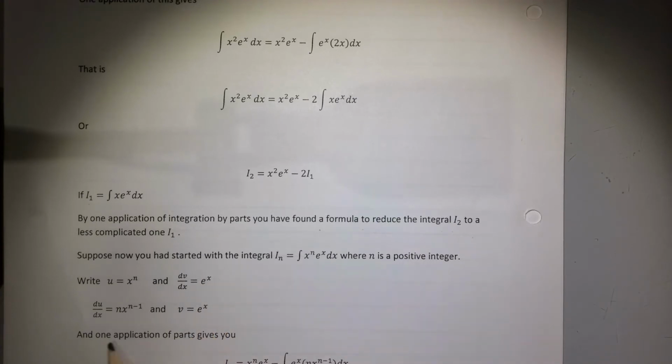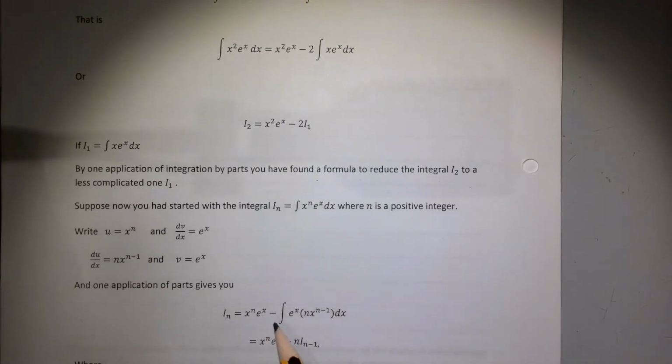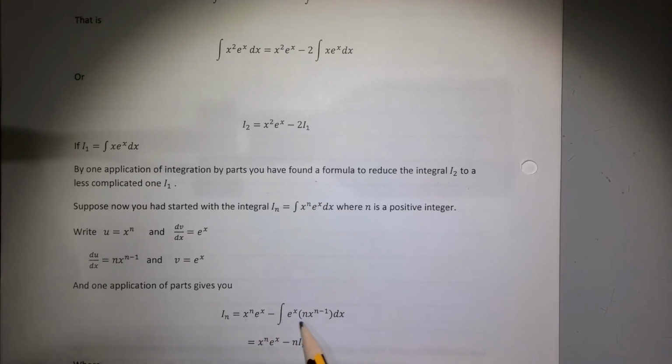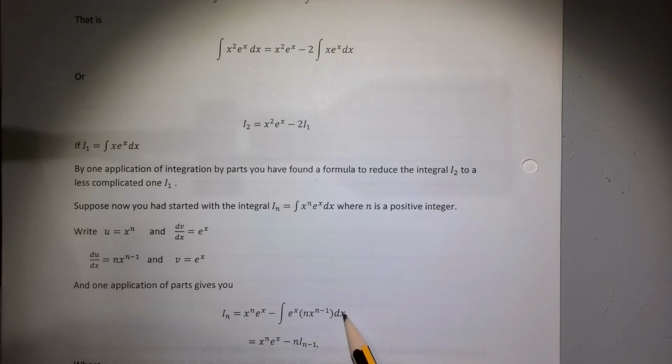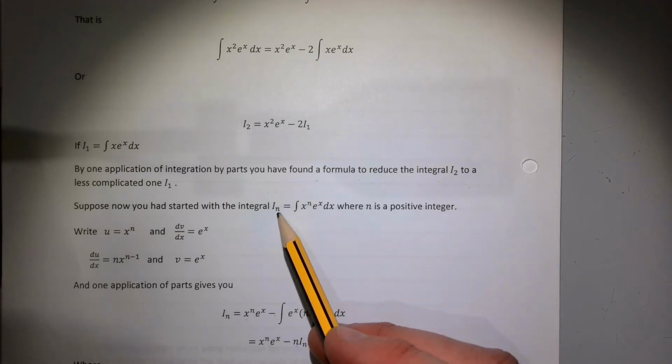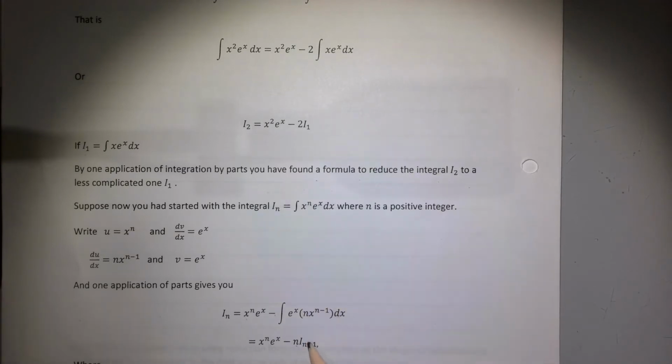By one application of parts you get x to the n e to the x, that's your uv part, take away the integral of e to the x, n x to the n minus 1 dx. If you take this n out the front, we get x to the n e to the x, minus n times the integral of x to the n minus 1 e to the x.